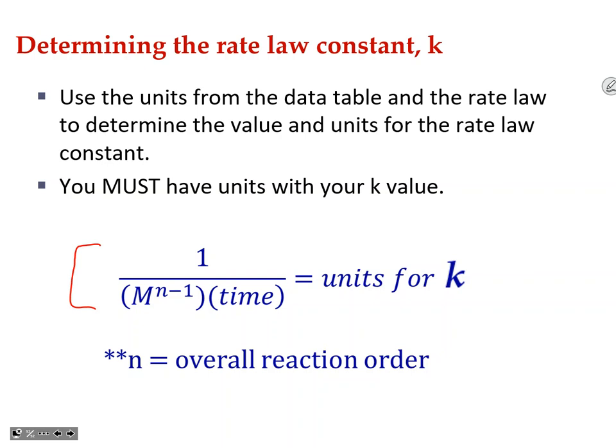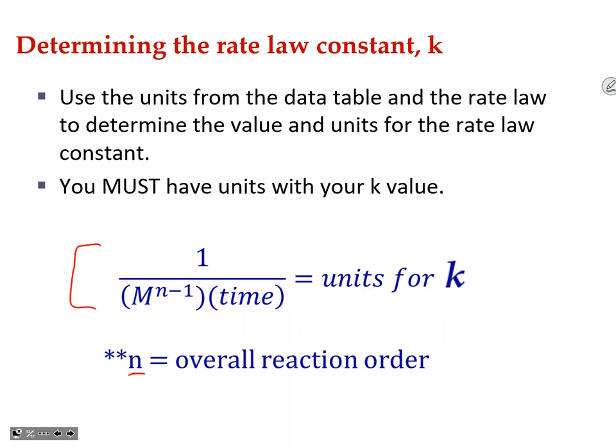They always have a point on there. And you must have units for your K, or they'll take off that 1 point. Usually it's 1 point for the number and 1 point for the units, if you look at the free response scoring guidelines. You can use this formula and memorize it, and then it makes it a whole lot easier.